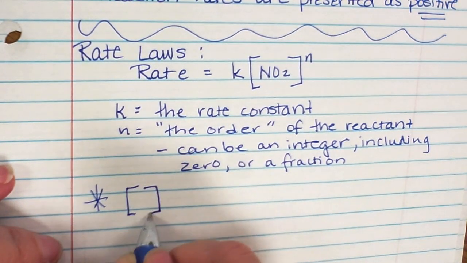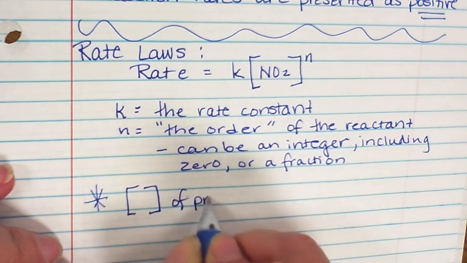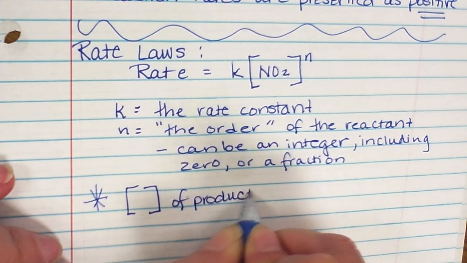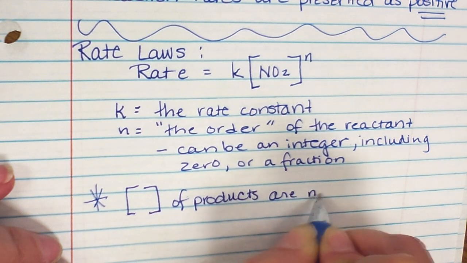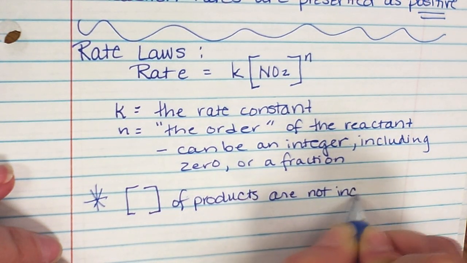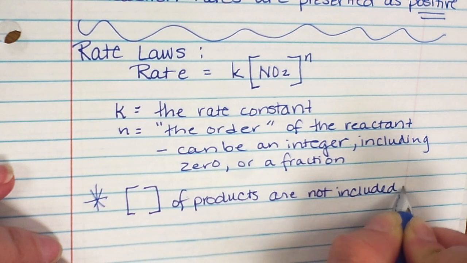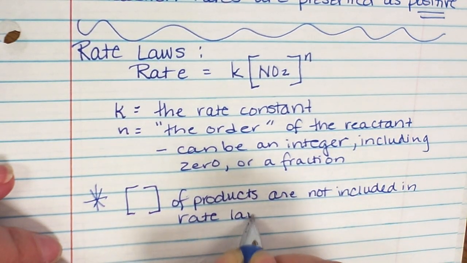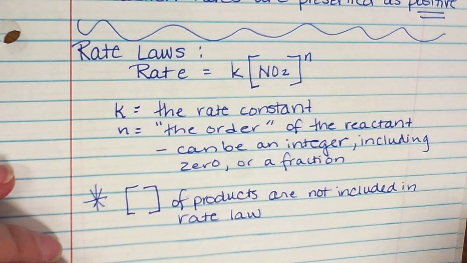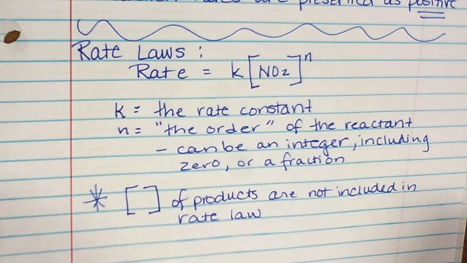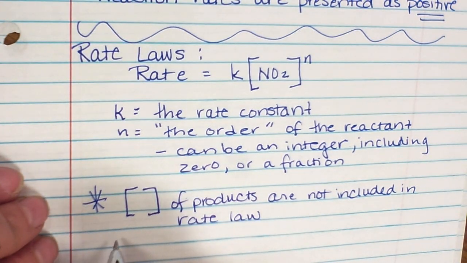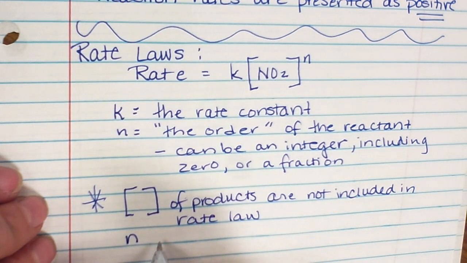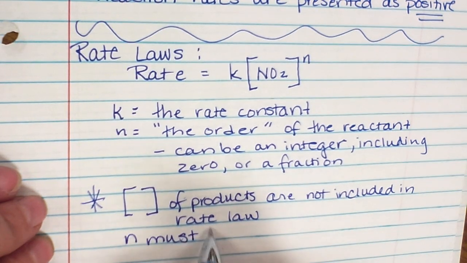Concentrations of the products are not included in the rate law. Because why would they be? They do not affect the rate of a reaction. Also, n must be determined by experiment.